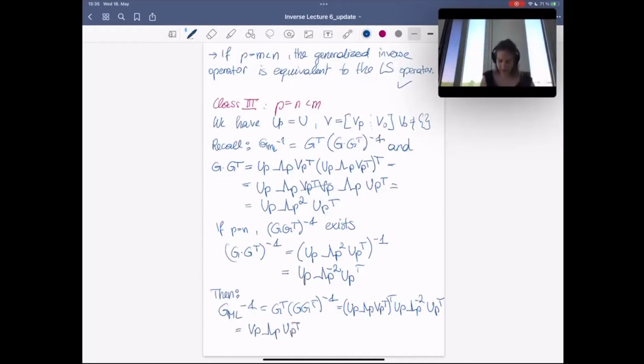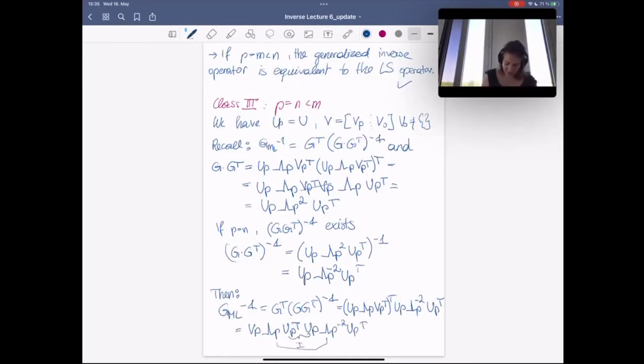So the same concept of transposing these individual matrices as before. What's left is UP lambda P to the power of -2 UP transpose. So this goes to identity.